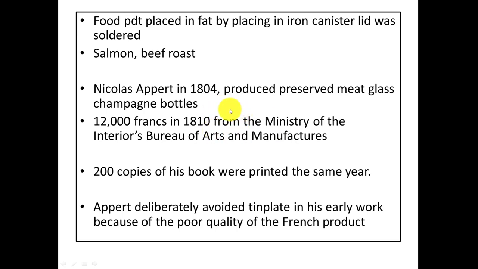But the prize was given provided he published all the details of his work in a booklet. Then he published a book, printing 200 copies of that work, known as appertization. It is assumed that tin plates were not used in his initial work, and he used glass, because the quality of the tin was not that good at that time.